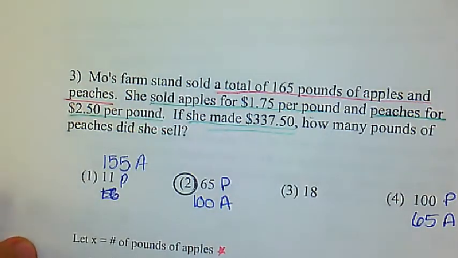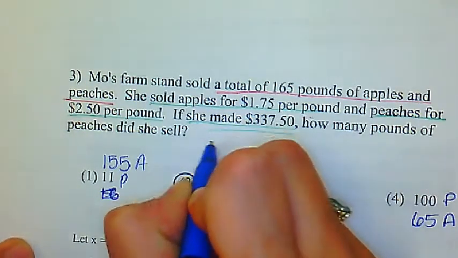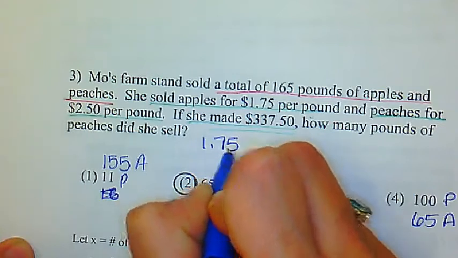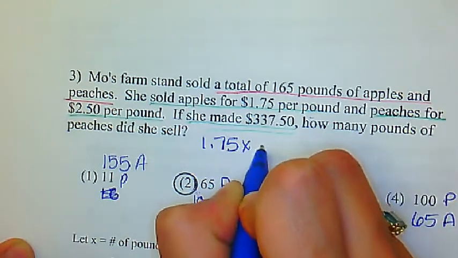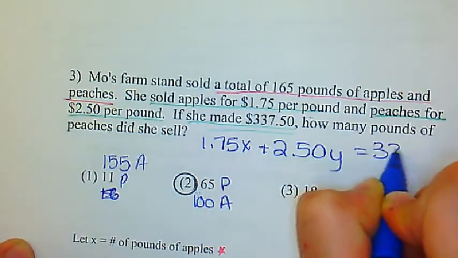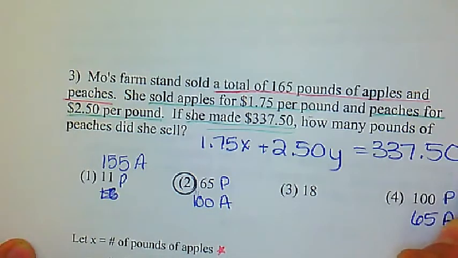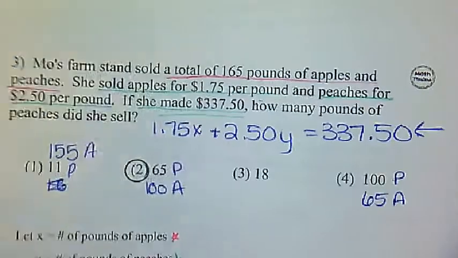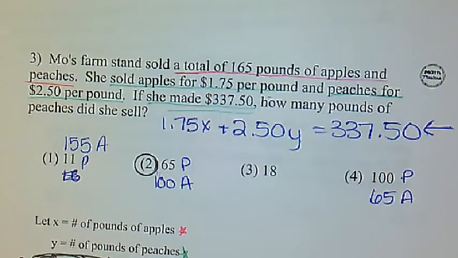So what you could do is try this into the equation 1.75x for apples plus $2.50y equals 337.50. You could choose to do just a single equation question and guess and check, since this is a multiple choice question. So either way, that would work.